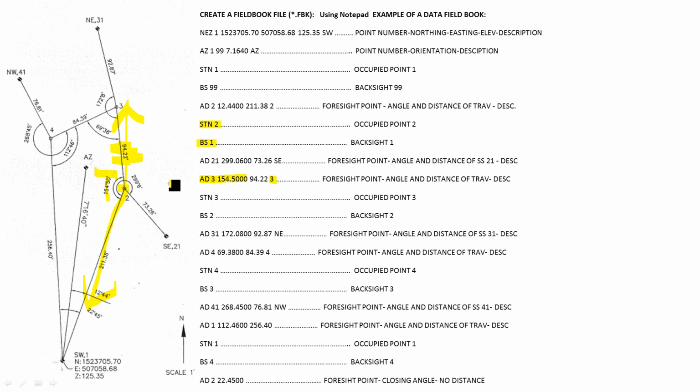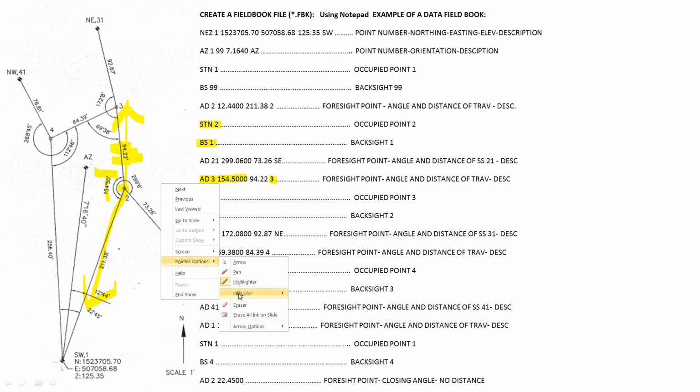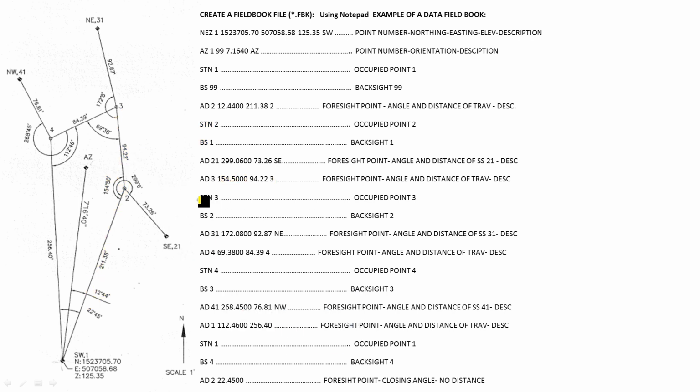Okay? So now, the next line of code says, now I'm sitting at station 3. That's my occupied point. That's a survey term. I'm occupied at station 3. I'm backsighting station 2. And now I'm turning a horizontal angle to my foresight, this direction here, to point 31. So I'm looking to point 31.